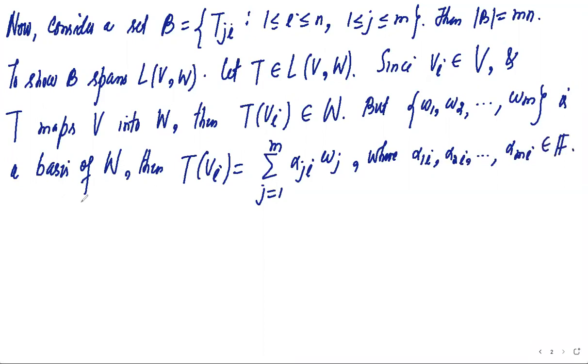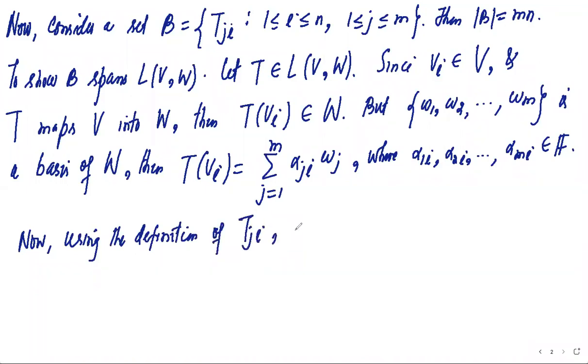ठीक है? So now using the definition of T_j i, we have, तो हमने किस तरह से इसको डिफाइन किया था?